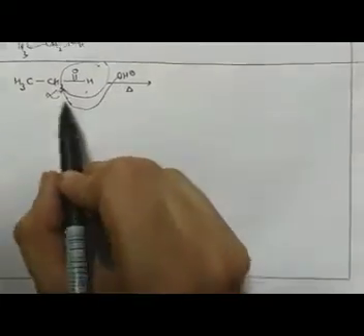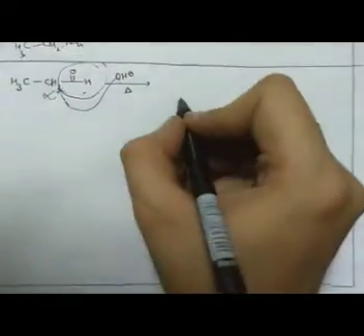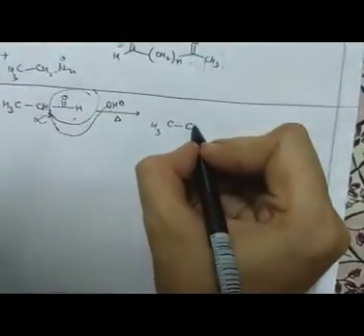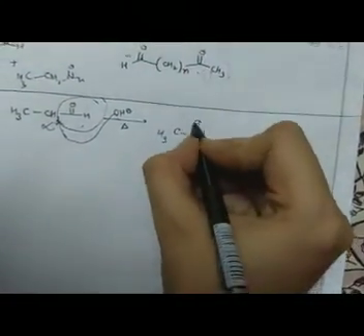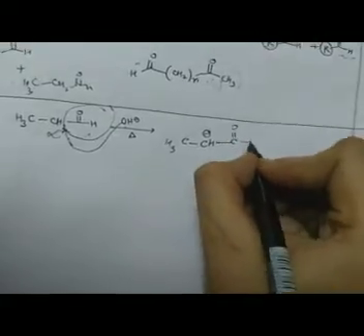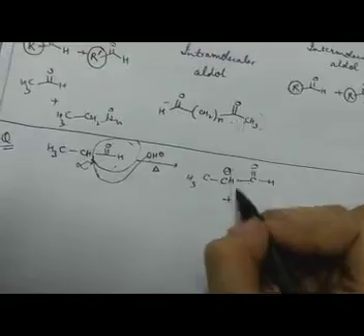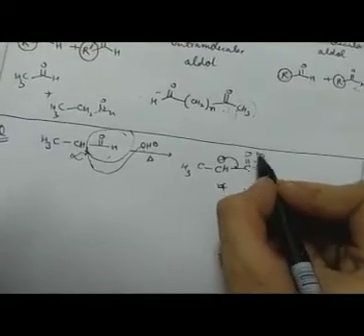So hydroxide ion attacks that hydrogen, and a negative charge is accumulated over it, right? And it is in resonance.